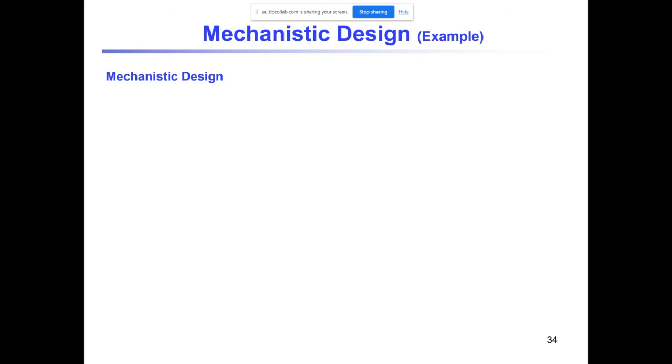So let me show you another example. This time we want to go through the whole mechanistic design procedure and design a pavement. So what is the example? The design subgrade CBR is 5%. The design traffic for 30-year design life is 10 to the power 7 heavy vehicle axle groups.